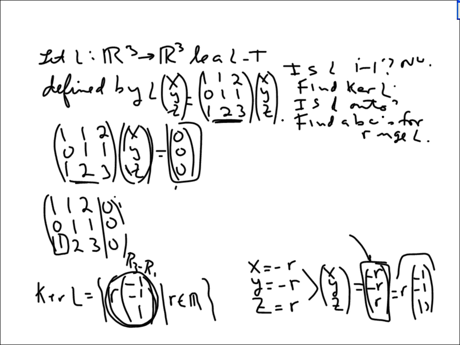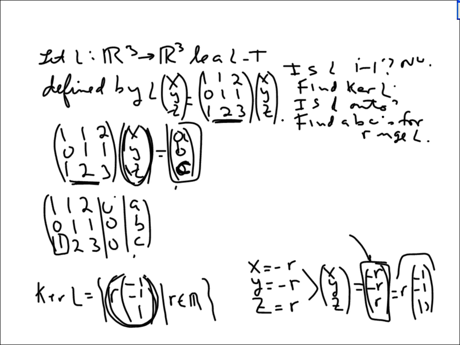So, sorry about that. What I should have done was also augment this with ABC, because I want to know, are there any constraints on ABC? Can I multiply A by something to get any ABC?